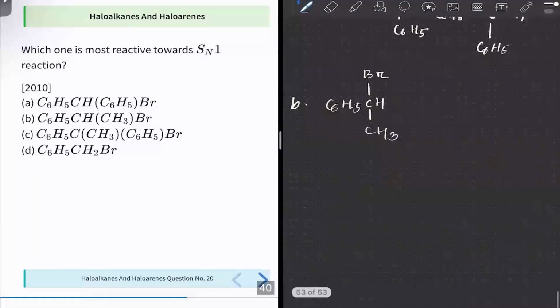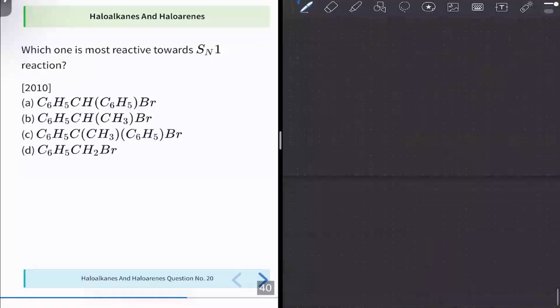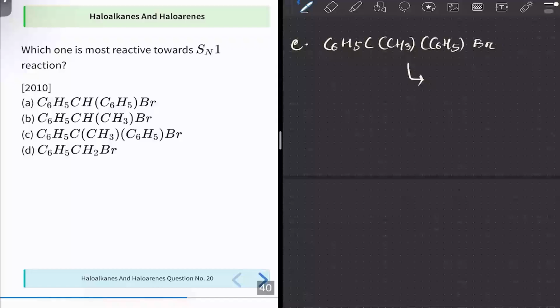So what will be the carbocation formed? C6H5CH(CH3) plus. Then for C, (C6H5)2C(CH3)Br. So what will be the carbocation formed here?